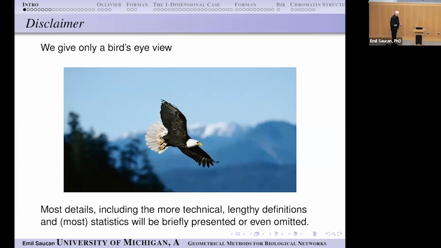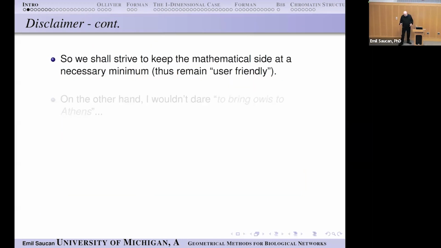So I won't go into details. That means that at some point I might be rushing or skipping some stuff. I try to keep things in time and cover as much as possible of things that might interest you. And on the other hand, I try to be user-friendly, not too much mathematics. At least that's how I try to do it. It's not sure I succeeded.